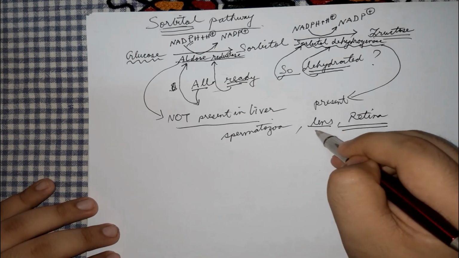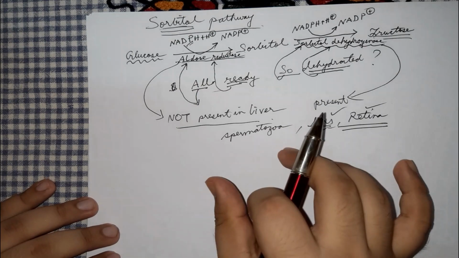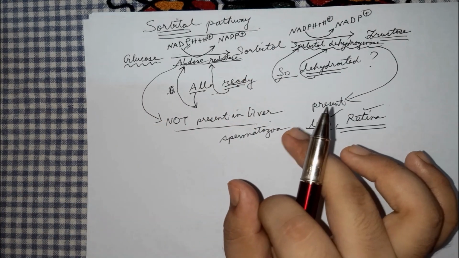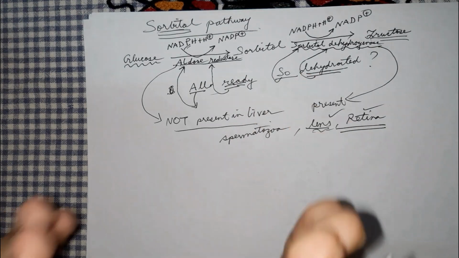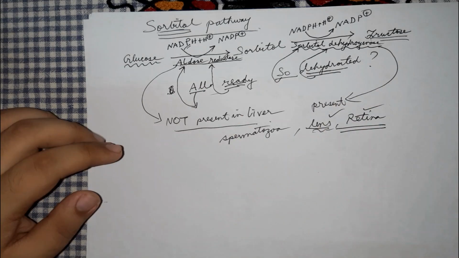Okay, how this information is very important is where the clinical relevance of the sorbitol pathway lies. Now let me tell you about the clinical relevance of the sorbitol pathway. Very, very important.